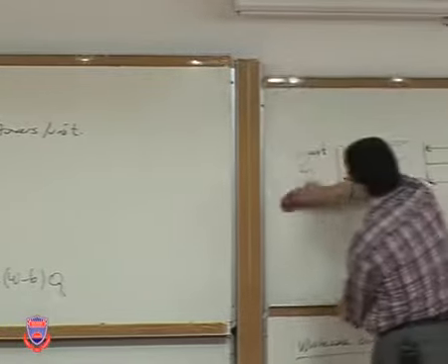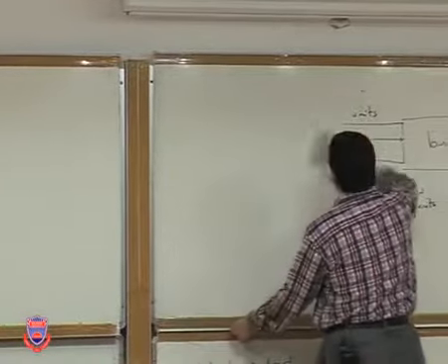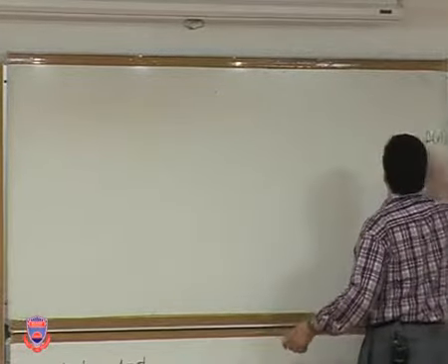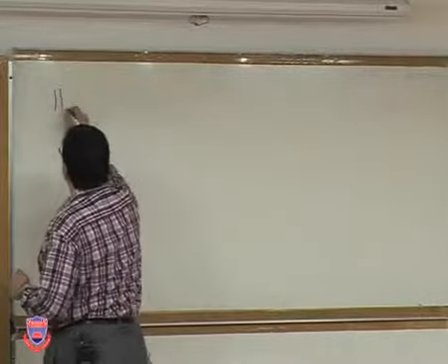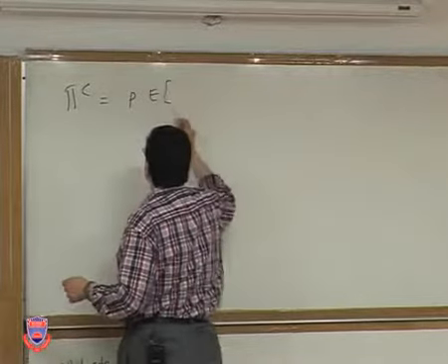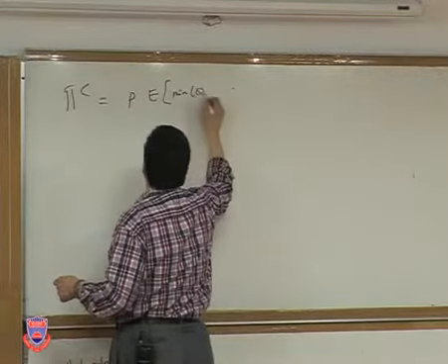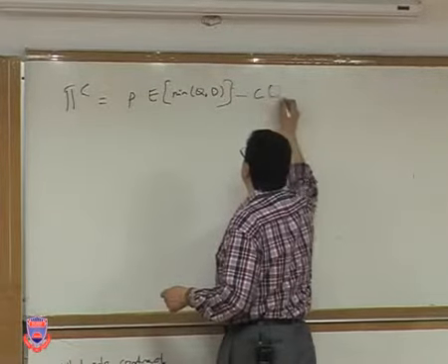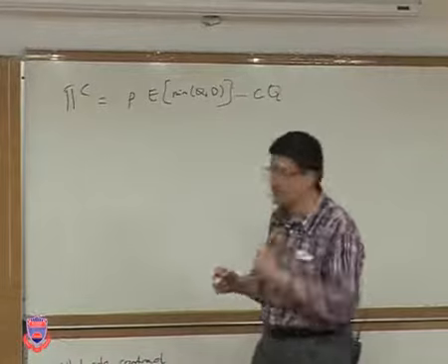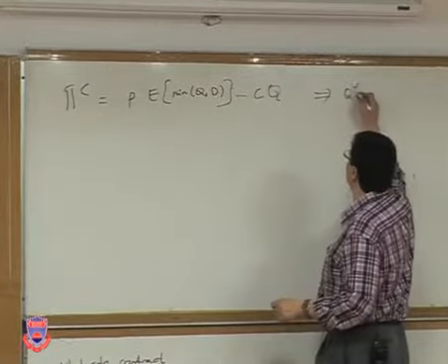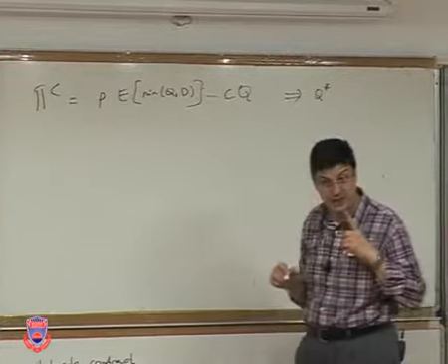Now, the centralized problem, which yielded Q star, had the following structure. We had P, expected value of minimum QD minus CQ. Okay, this is the centralized problem. And as a result, when you do the optimization, it yielded the centralized Q star.